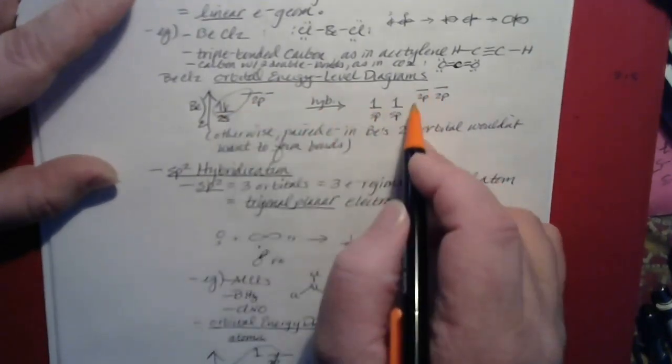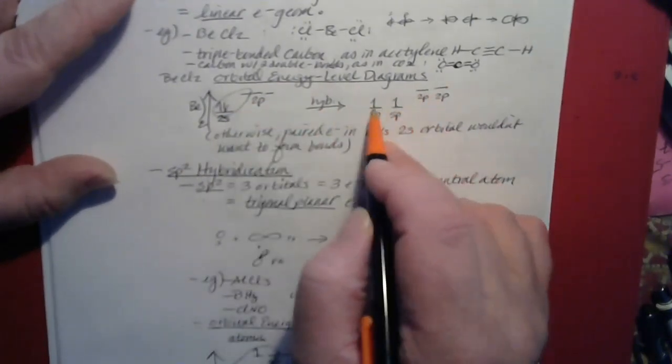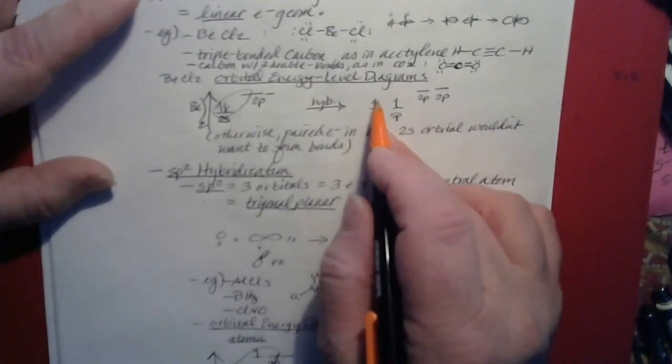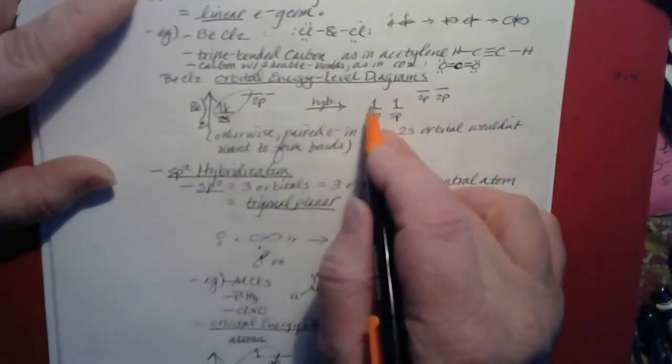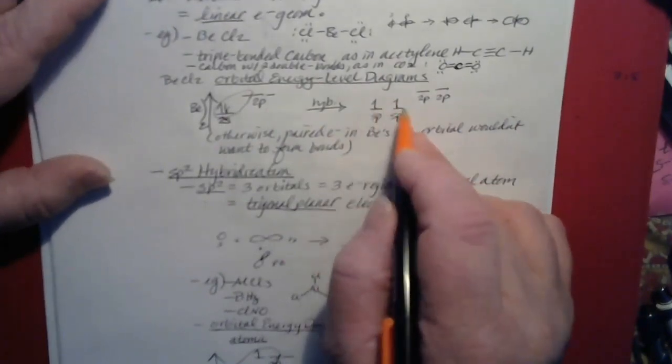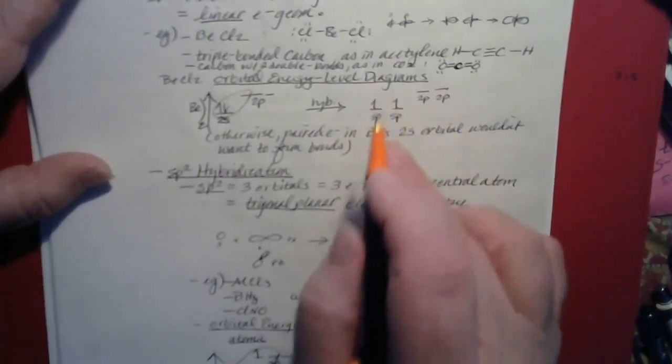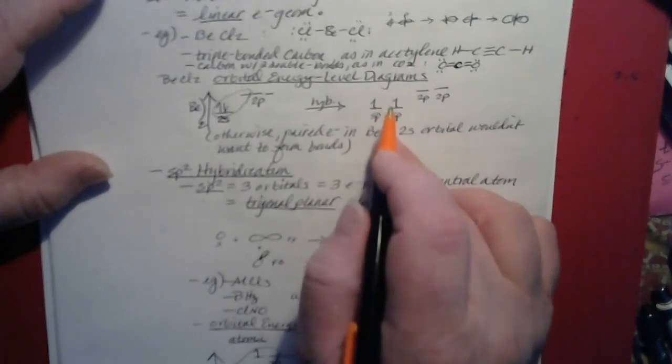The energy is higher than the energy of the 2s orbital, but lower than the energy of the 2p orbitals. So the energy is kind of between the two orbitals that were hybridized. Each of those will have one electron in them. That allows these electrons to spread out so that there's one electron per orbital. And that is how beryllium ends up forming two bonds.